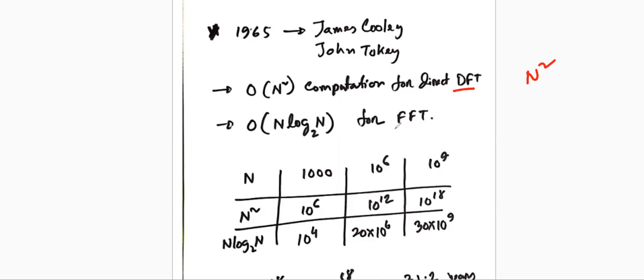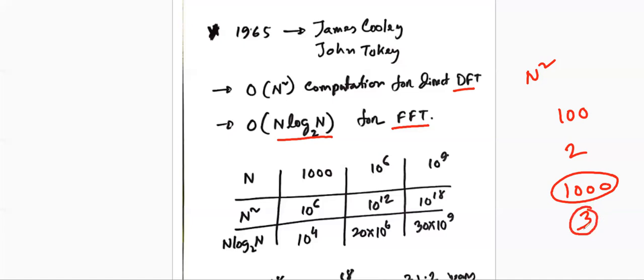On the other hand, when the Fast Fourier Transform was introduced, these calculations became N log 2 N. You can understand in log processing, whenever the value is very high, let's say log 100 gives the value 2, log 1000 gives the value 3. So whenever the value is very high, comparatively, the result in the log is very small.